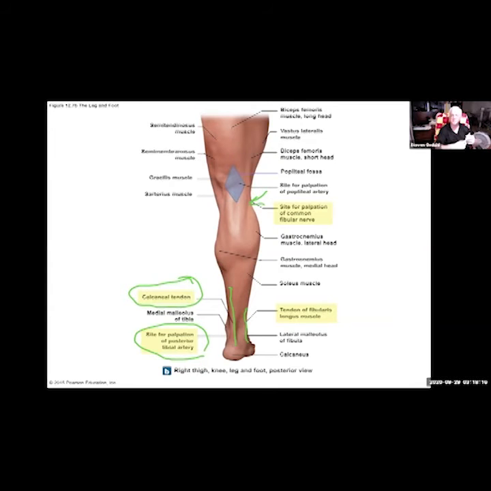The mom Thetis held him over the river Styx and dipped him in the river. She held him by his ankle, so the river got exposed to the entire body except for the ankle. So the Achilles tendon is the only place you can kill him because that's the place he was not invincible. He got shot by an arrow and bled to death from the Achilles tendon. That's how it got its name.